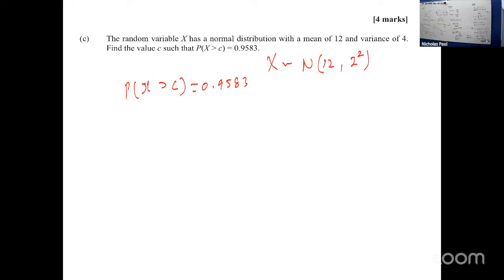Okay with that? As I told you before, it's more than, so therefore C is going to be negative. Hold on.